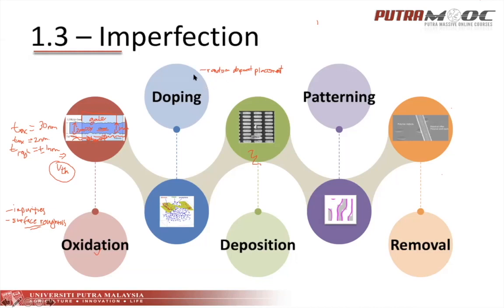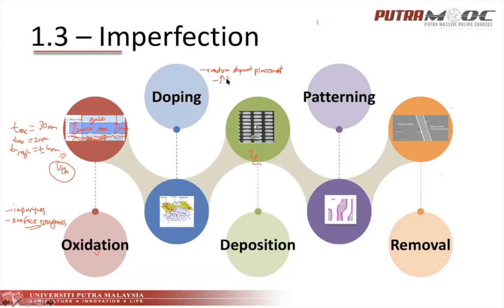In the past, we don't really care about the placement of the random dopant because the substrate material is quite large. So wherever the dopant will be placed, it doesn't matter because the electron can still flow from source to drain in the channel.